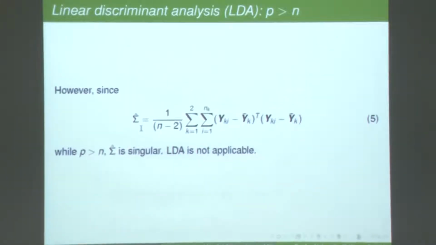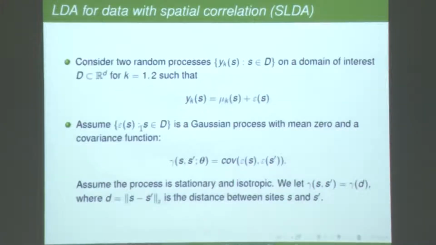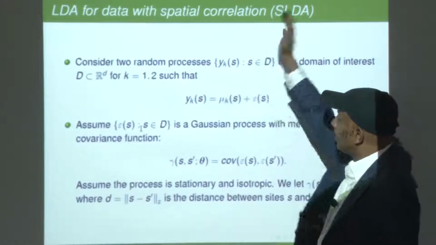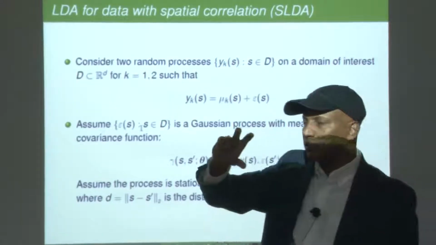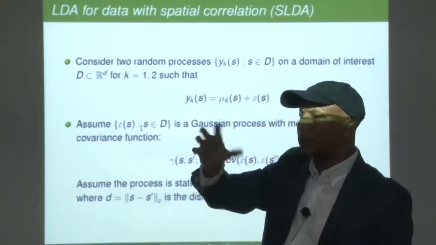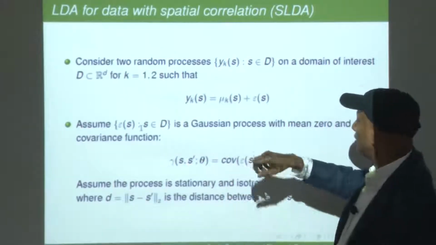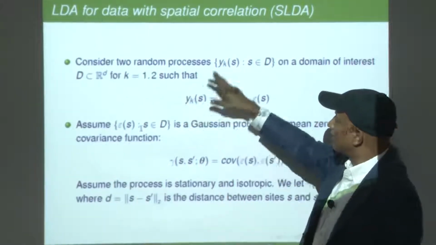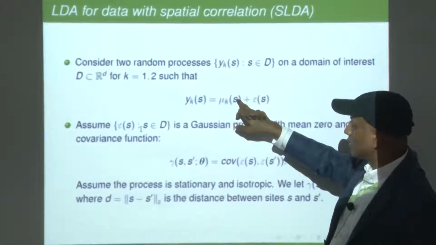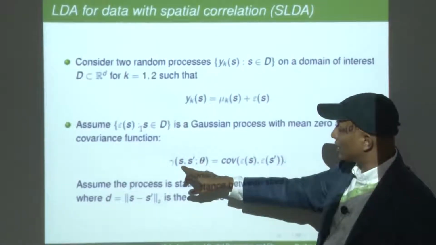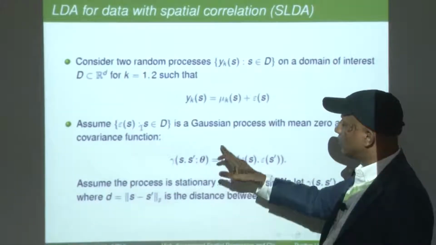And we talked about this formula for sigma hat, but for P bigger than n, this does not work. So for this type of problem, since we have seen that the covariance structure depends on the location where you are looking, the feature vector is still Gaussian, but given a location it has a mean at that location, and the covariance between two locations S and S prime varies with a certain function gamma.